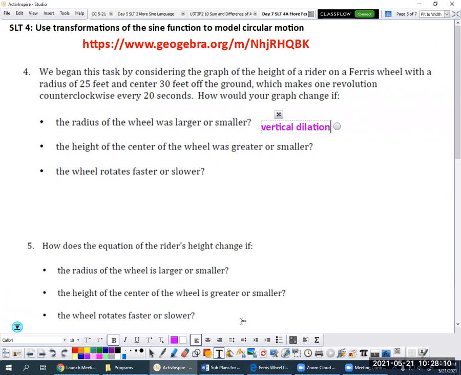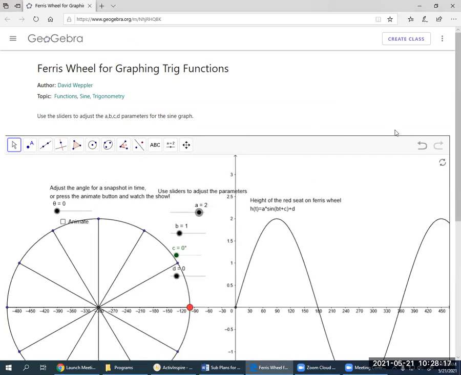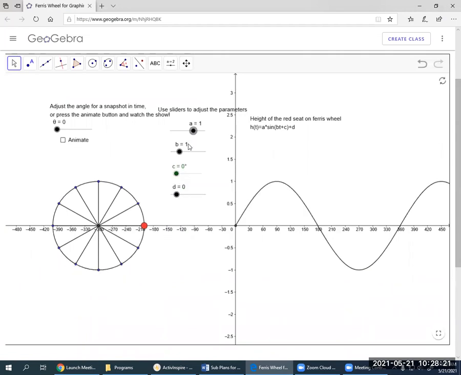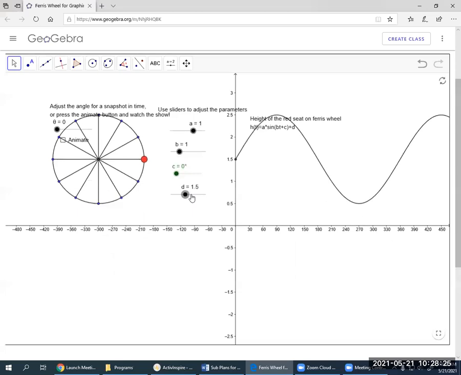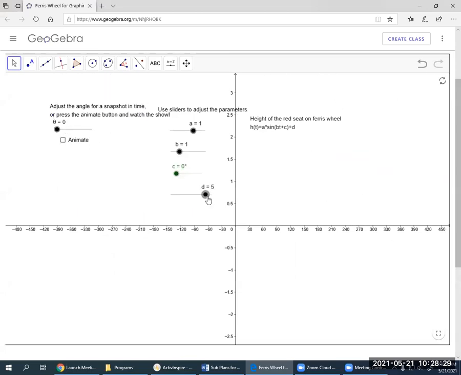Now, what if I change the center of the wheel? So let me go back to our picture. I'm going to make that a little smaller because it's kind of hard to see. Take it back to 1. Okay, so now I'm going to move the D. And if I move the wheel, you can see the wheel's moving up. Whoop, and it's gone. Bye, wheel. And I'm going to bring it back down.